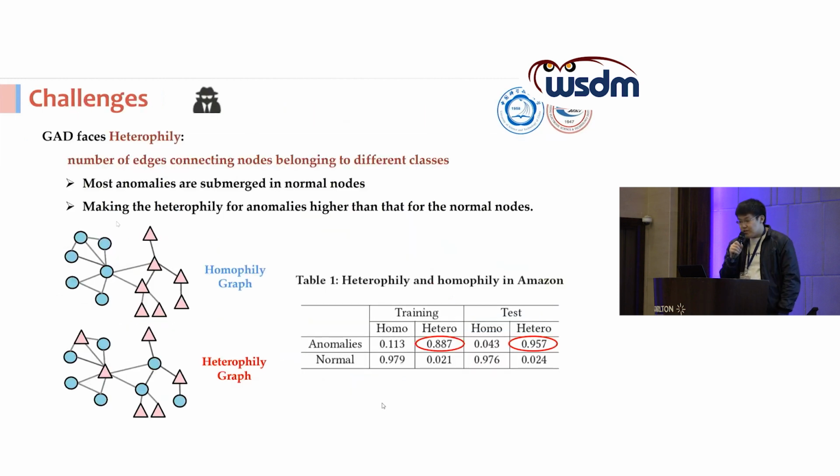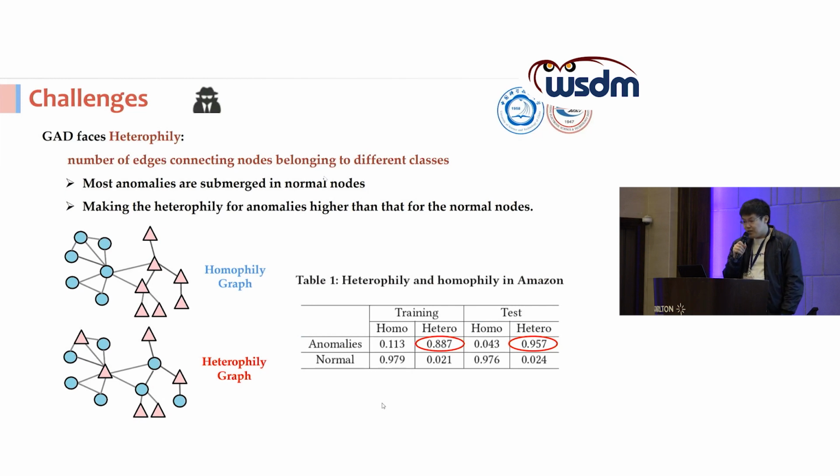The main challenge of graph anomaly detection is heterophily, whose definition is the number of edges connecting nodes belonging to different classes. For example, in the homophily graph, the blue circles and the pink triangles are set apart with only a few edges connecting them, while in the heterophily graph, these nodes are mixed.